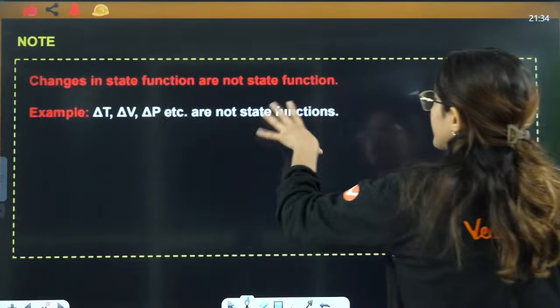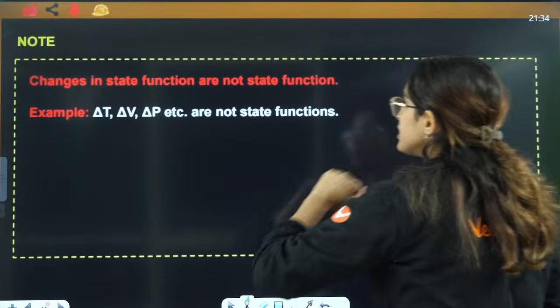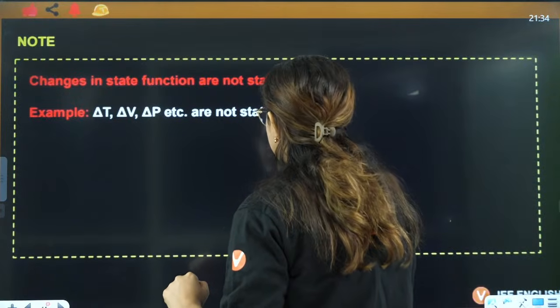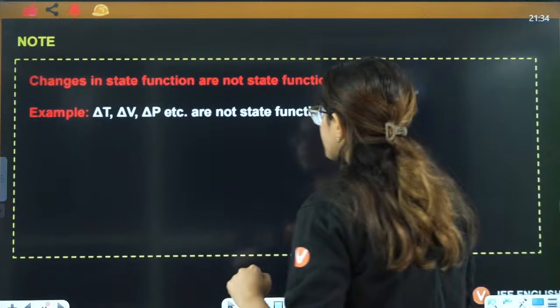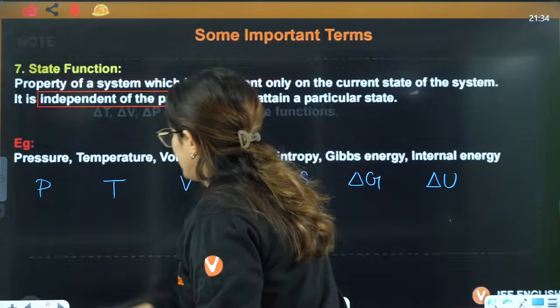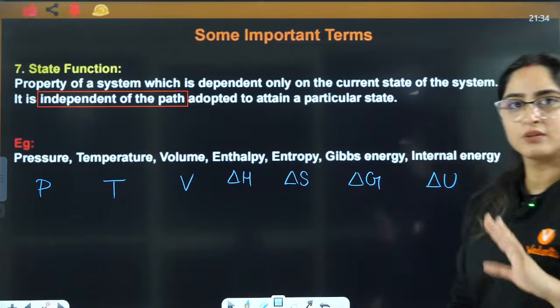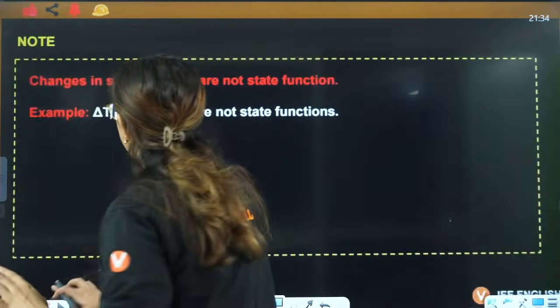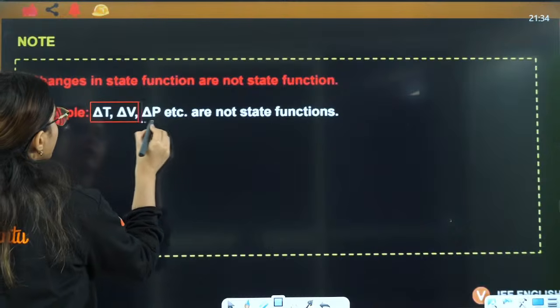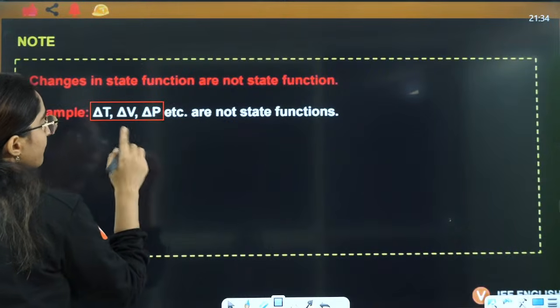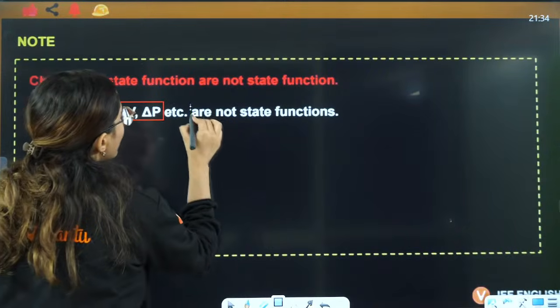Changes in state functions are not state functions. So what we are saying is that if you say delta H, delta S, delta G, delta U, these we know. But if you say, ma'am, delta T, delta V, delta P, etc., these are not state functions.